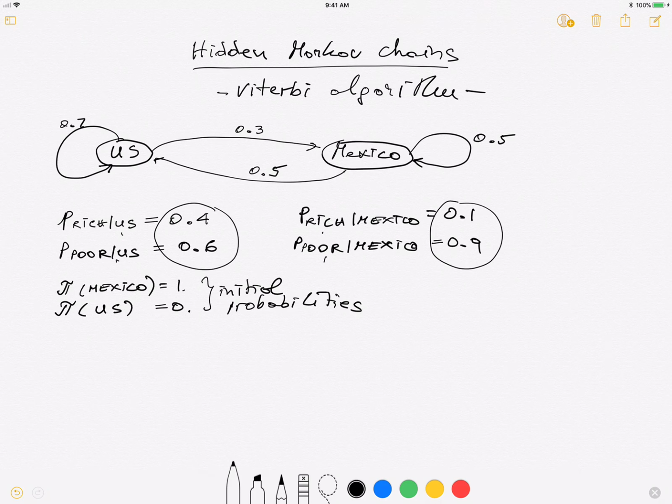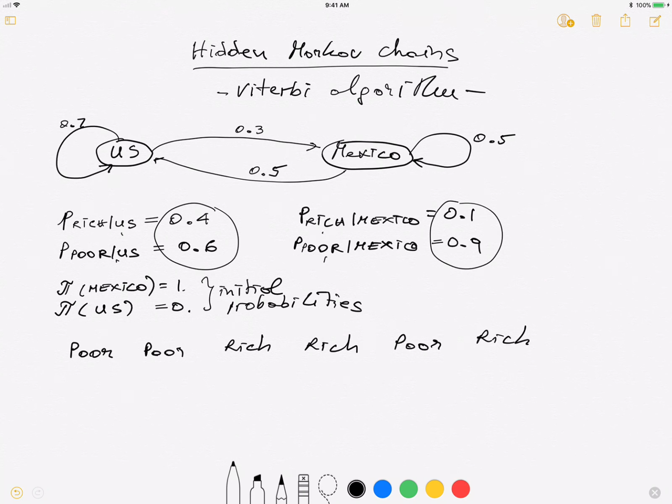So this is what we know. What we also assume is that in consecutive years the family was poor, rich, poor, and rich.